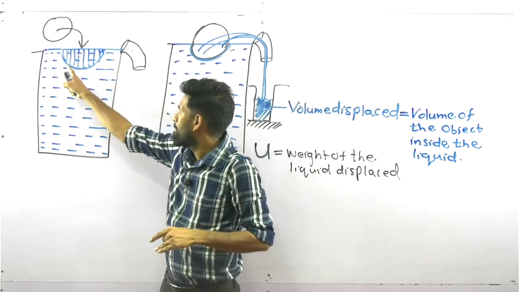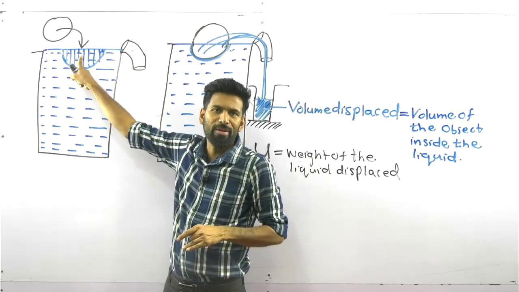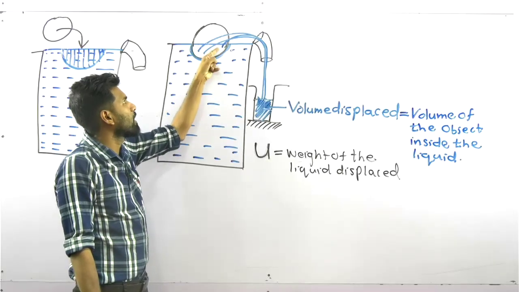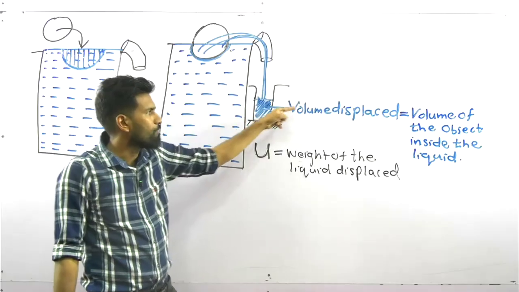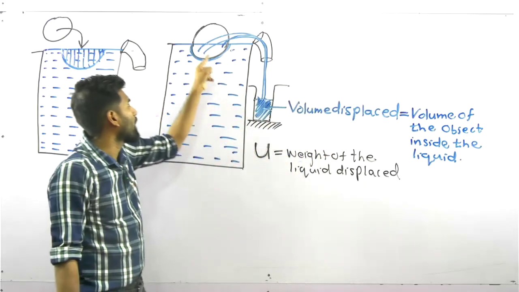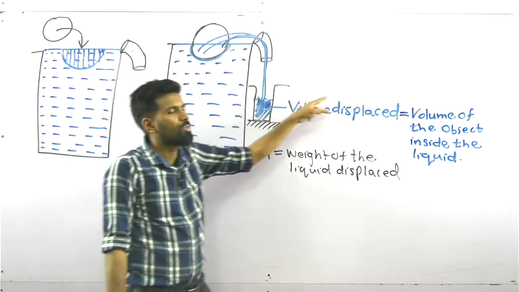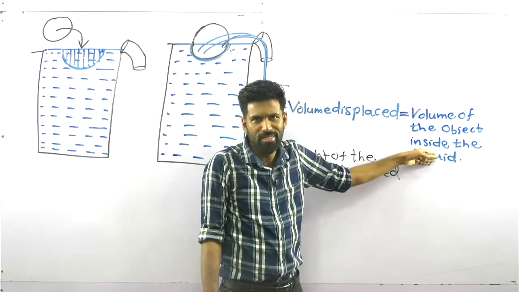Previously these places were occupied by liquid molecules, but when the object came to that place, liquid molecules on that place had to move out. So the displaced volume is the same volume that the object is occupying now. One can say volume displaced is equal to volume of the object inside the liquid. It's clear.